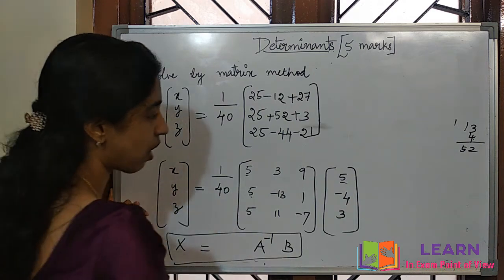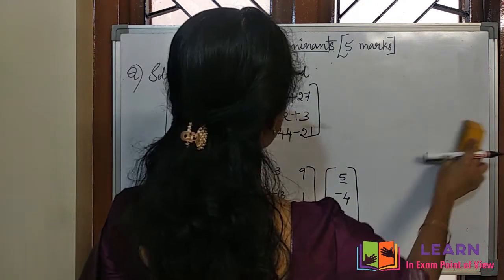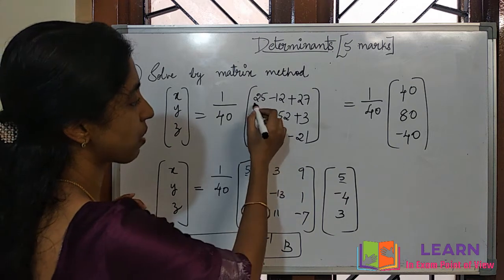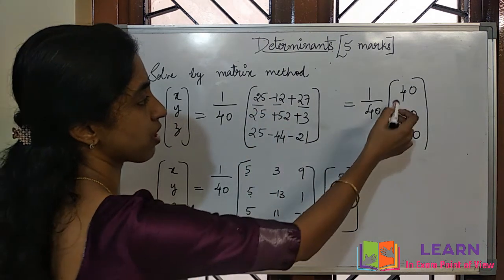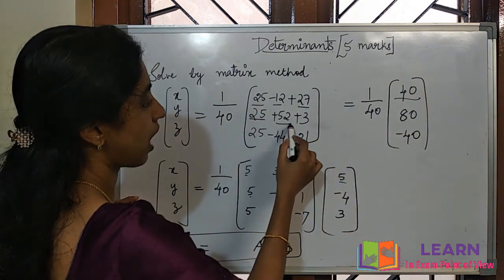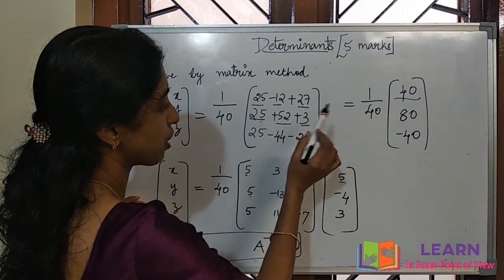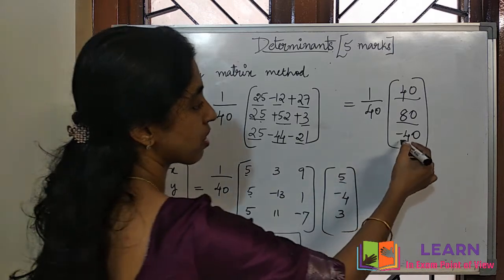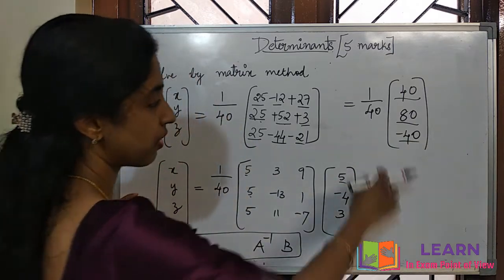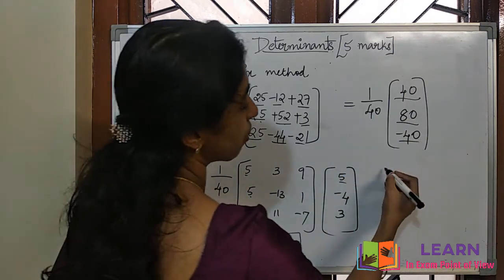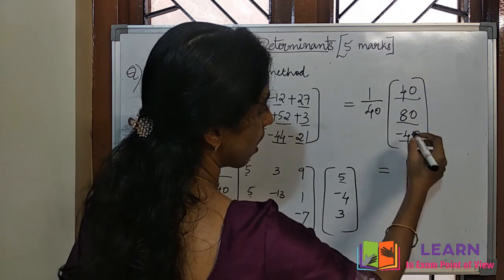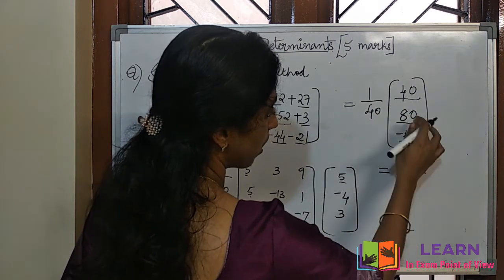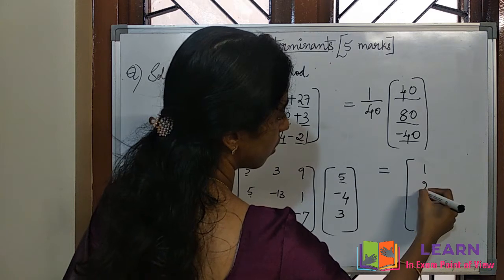Now we need to simplify this. After simplifying, what will you get? 25 minus 12 plus 27 comes to 40. Then adding 25 plus 52 plus 3, it's 80. 25 minus 44 minus 21, it's minus 40. Then we have the 1 by 40. Now you can divide each term by 40. So 40 by 40 is 1. 80 by 40 is 2.